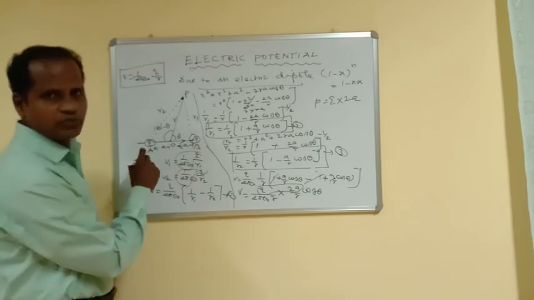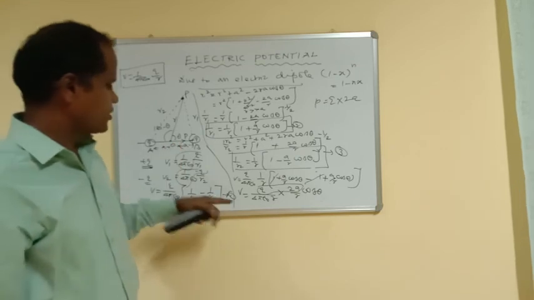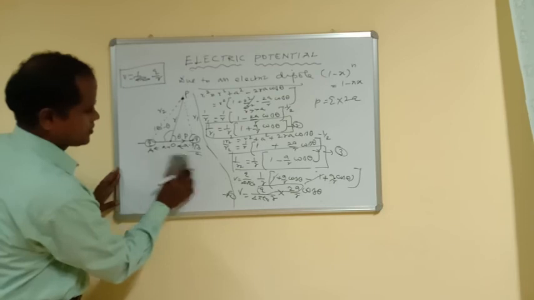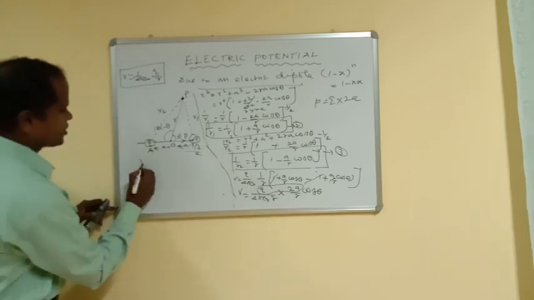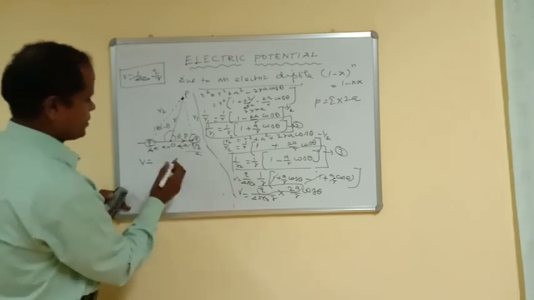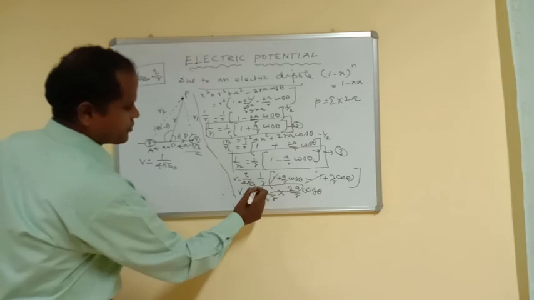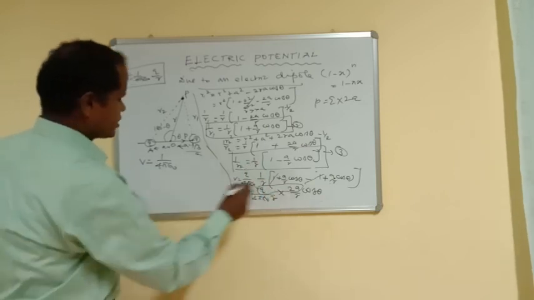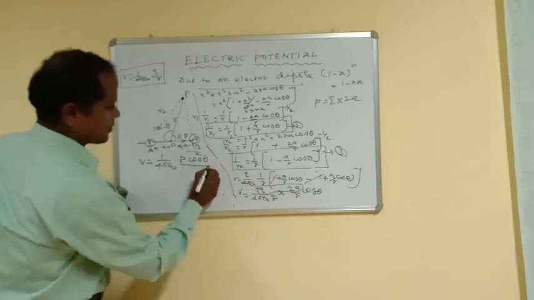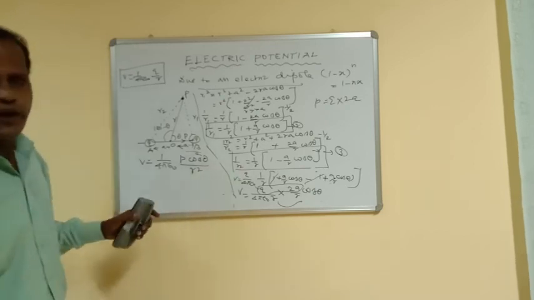The electric dipole moment acts from minus Q to plus Q. Simplifying, V is equal to P cos theta by 4 pi epsilon 0 R squared, where R into R is R squared. So this is the final expression.